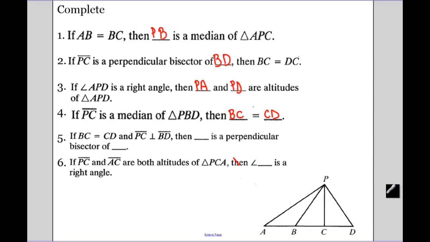If BC is equal to CD, and PC is perpendicular to BD, then PC is the perpendicular bisector of BD.